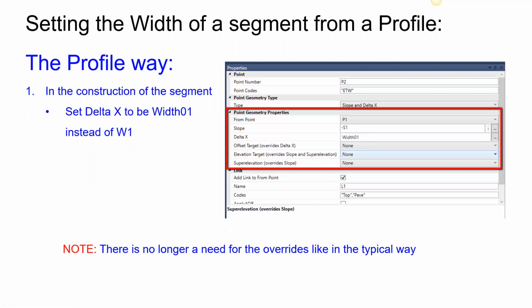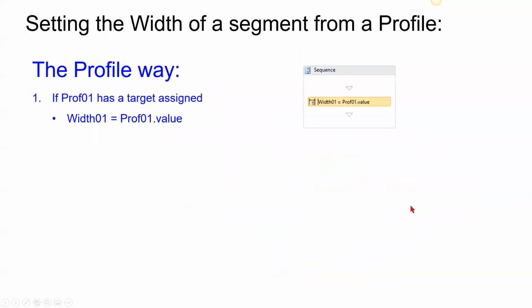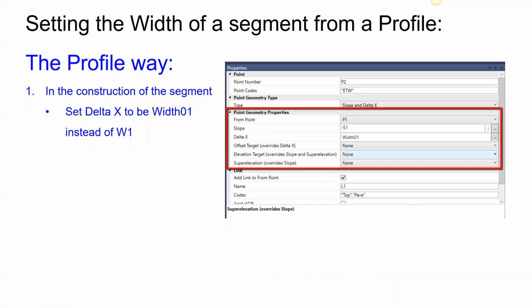If there's a target assigned, it gets the profile 01 value. If it doesn't, it gets the W1 set up here. So that target override is handled back up here, true, false. I don't need to set an offset target here anymore.